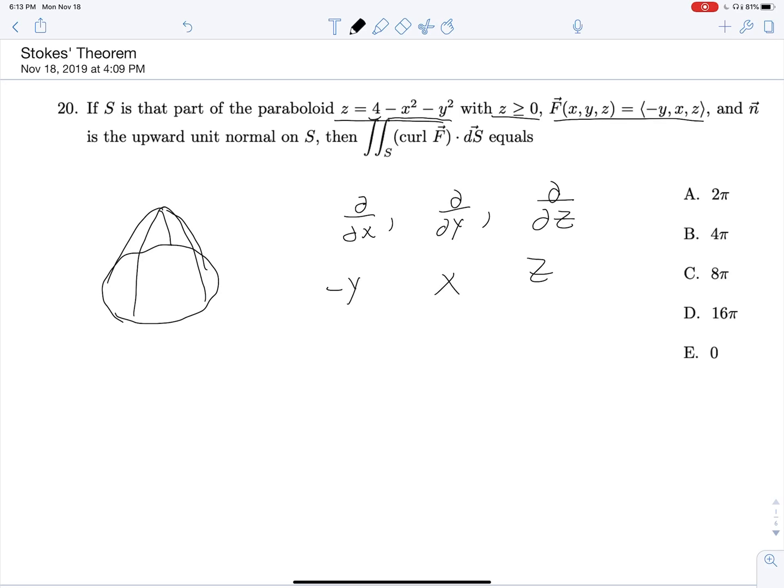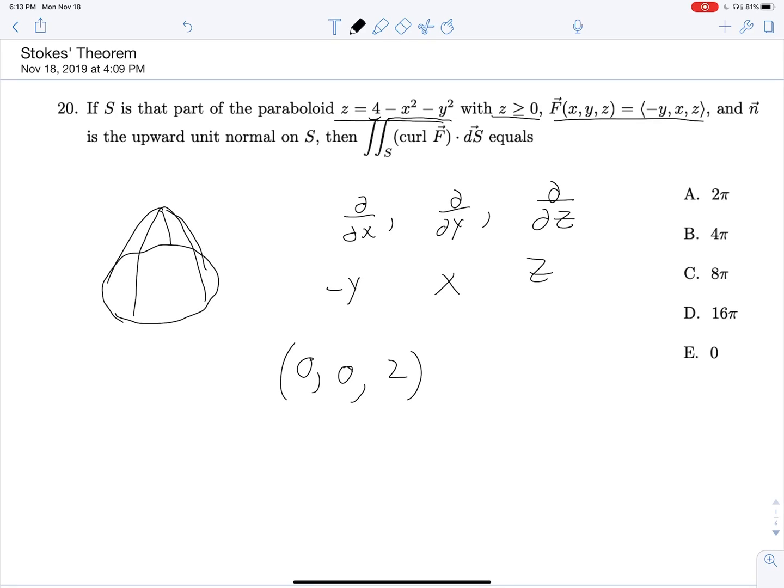And when we compute this cross product, we're going to get 0, 0, and 2. So that's interesting. That's looking pretty simplified. Generally, if you get something that easy after this step, you're going down the right path, and that's a good thing.